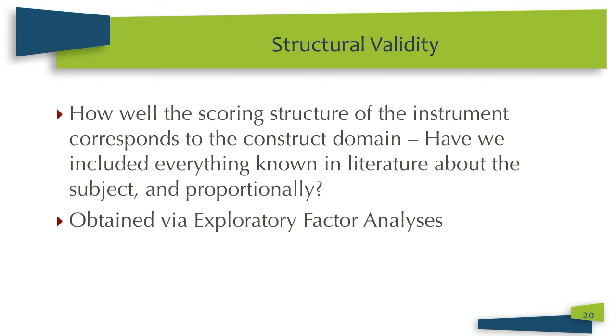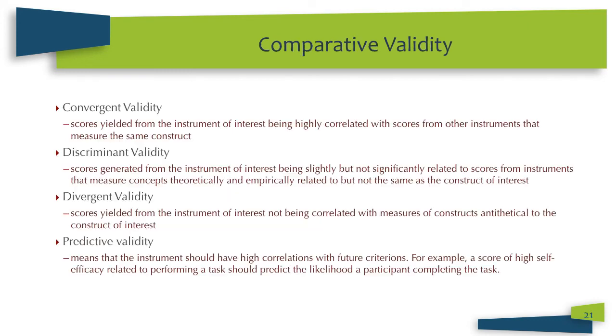So it kind of builds on the previous type of validity that we studied, the substantive validity, and it basically proves that we may have included all the theoretical aspects, but they are proportional as well. So we've not only included them, we've included them proportionally. This is obtained through EFA or exploratory factor analysis.